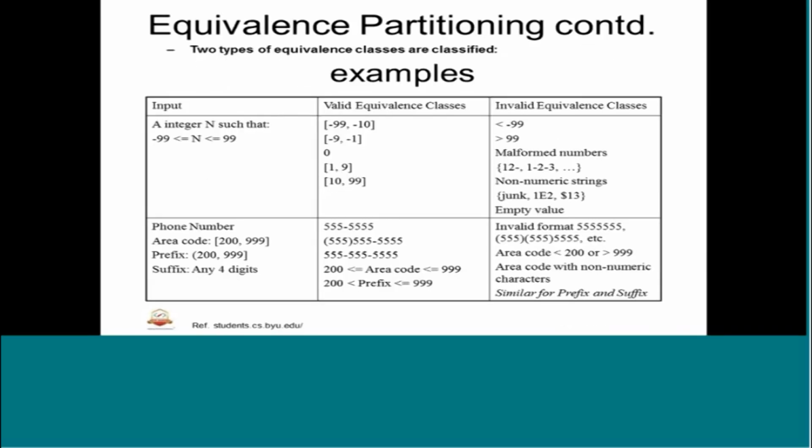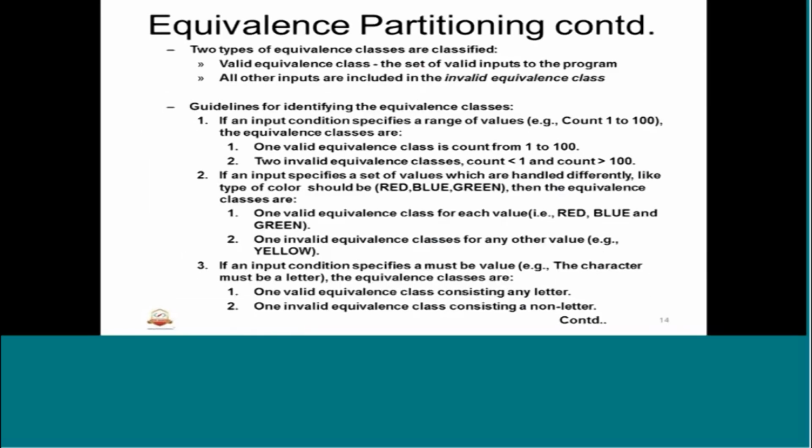Okay, now having seen this example and definitions, we will again revisit our equivalence class understanding. Two types of equivalence classes are classified: valid equivalence classes, the set of valid inputs to the program. All other inputs which are not included under valid classes are called invalid equivalence classes.